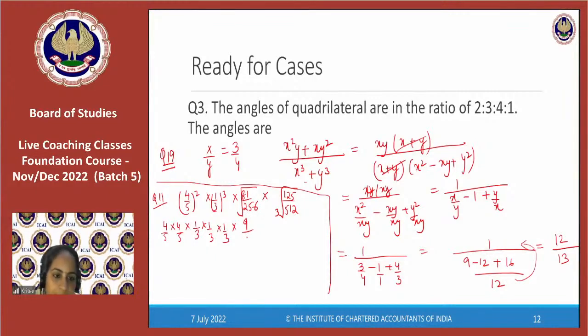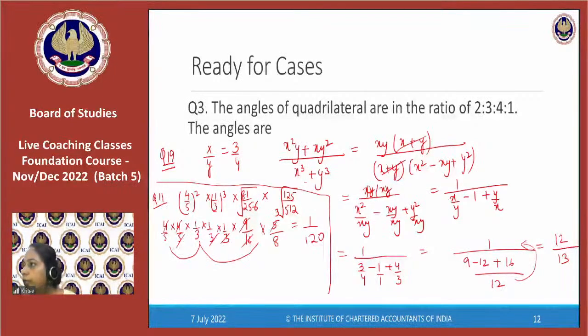Square root of 256 is 16. Cube root of 125 is 5, and cube root of 512 is 8. So 4 4s are 16, cancels out. 3 3s are 9, cancels out. 5 cancels out. So you're left with 1 upon 5 3s are 15, 8s are 120.